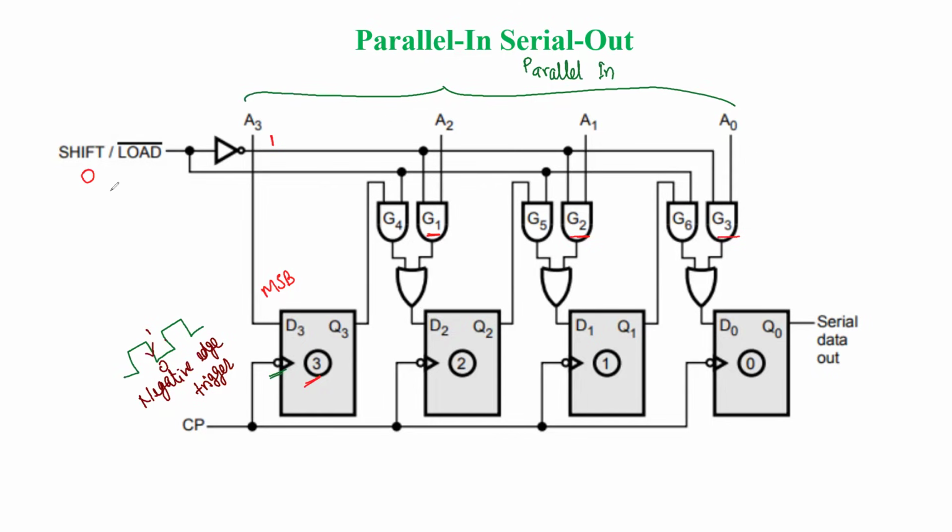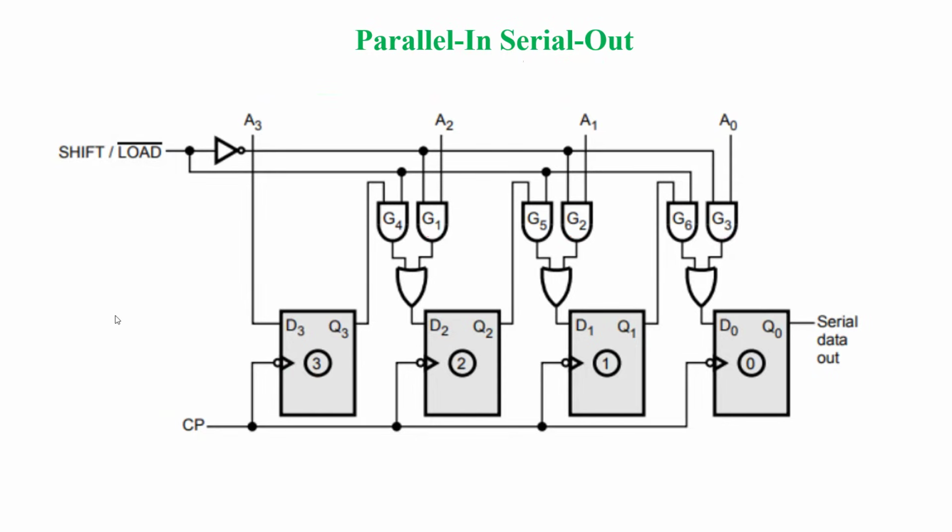Next, we'll see what is going to happen if we take shift as 1. When shift is 1, the inverter output is 0. Due to that, one of the inputs to G1, G2, G3 is 0.